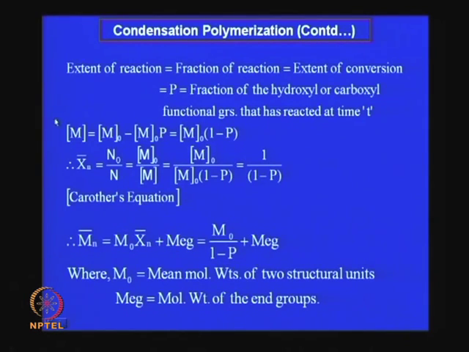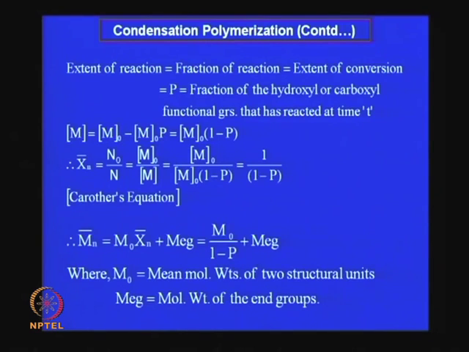Here you see a term M under square bracket, that is the concentration of monomer. This designates concentration of monomer at any instant of time during polymer growth. How can that be calculated? This is the initial concentration of the monomer, and we have to find out how much monomer has been consumed to form an intermediate or even some polymer.